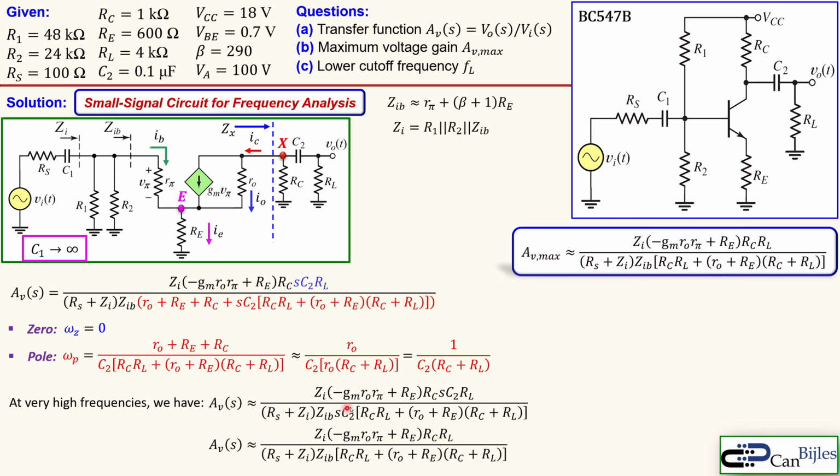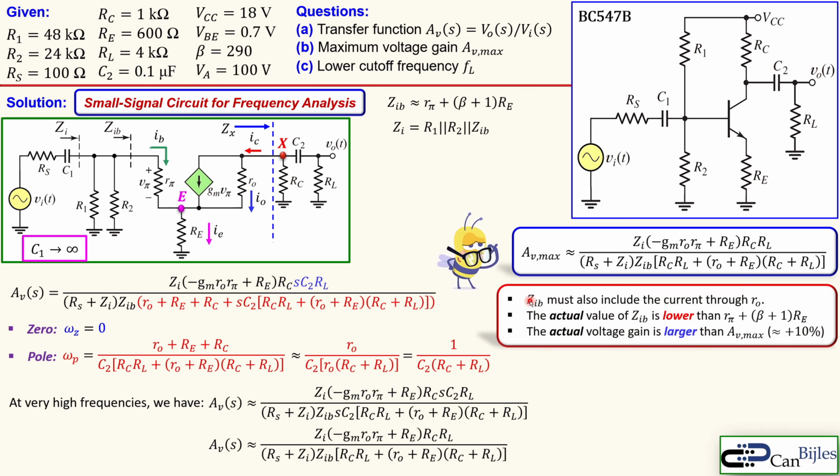Now, if you also cross over this SC2 here, then you have actually this expression, which is our A max. But again, the side note: the ZIB is not exactly this, so it is a little bit smaller. So the calculated value for our A max, or the voltage gain max, is a little bit smaller than the actual value. So we should have a larger voltage gain because the ZIB is smaller, since it's also in the denominator here.